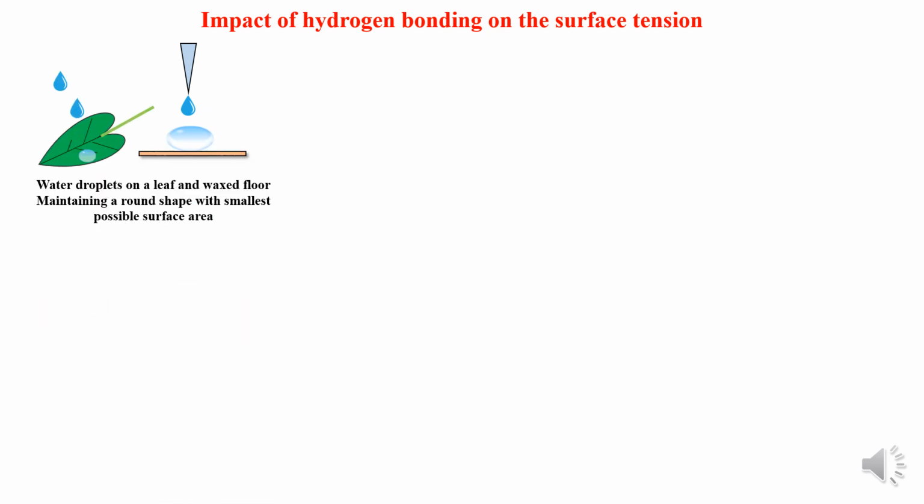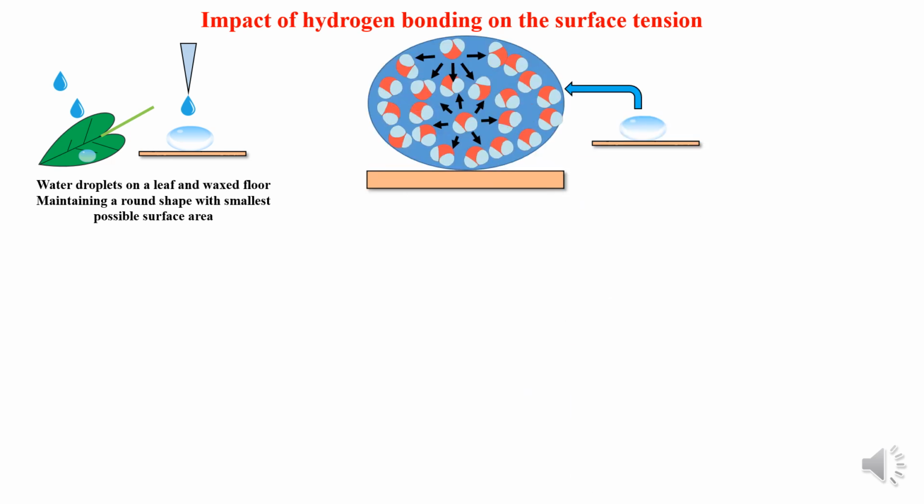So water droplets on a leaf and waxed floor maintain a rounded shape with the smallest possible surface area. And this is because of a phenomenon called surface tension. So let's find out why water maintains a rounded shape with the smallest possible surface area.